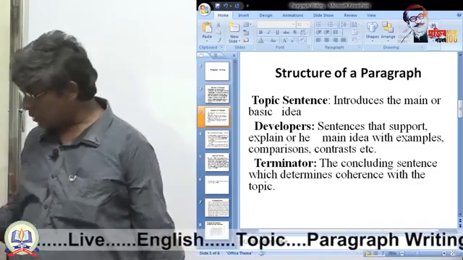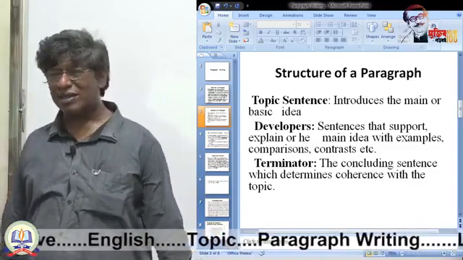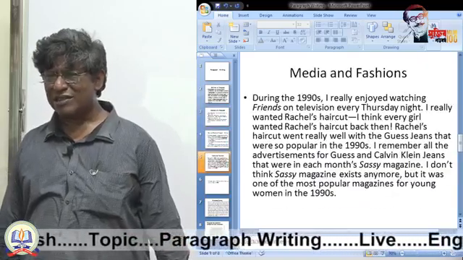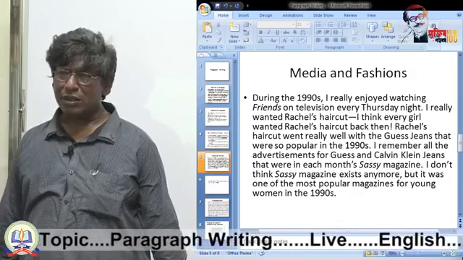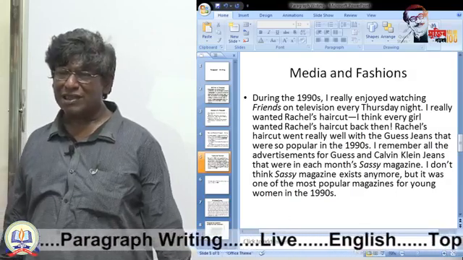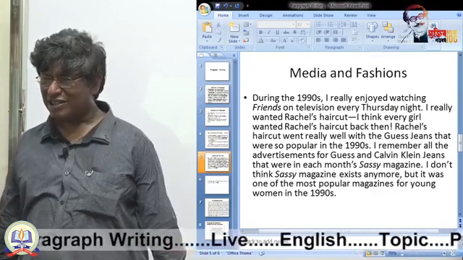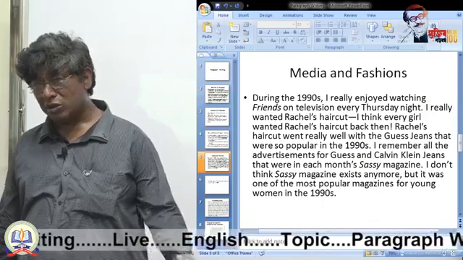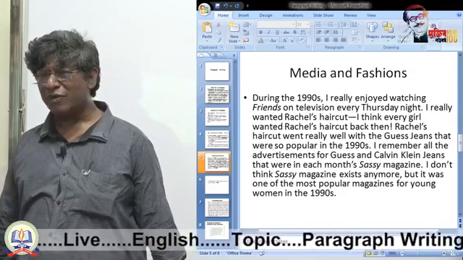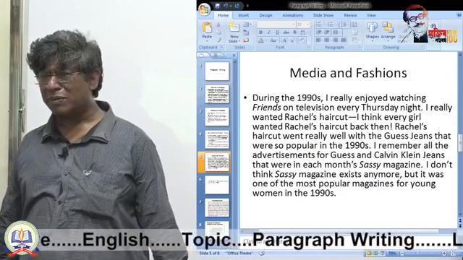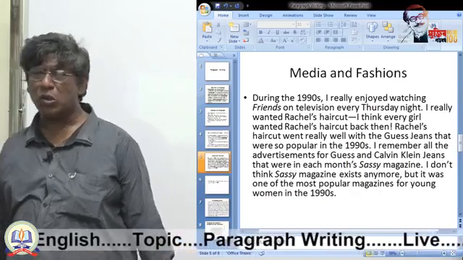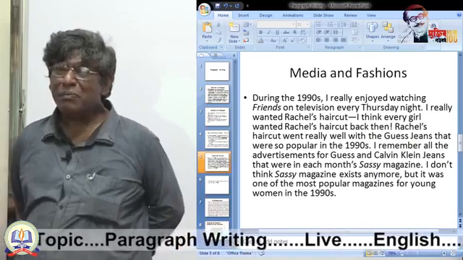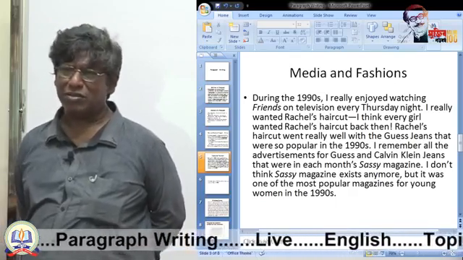Well, this is a paragraph written by a girl. Reading the paragraph, we understand that the speaker or the writer is a girl who writes about the fashion in the late 1990s, and she speaks how she was influenced by the haircut of a particular performer in the television show Friends named Rachel. Well, we have the developers and the terminator here.